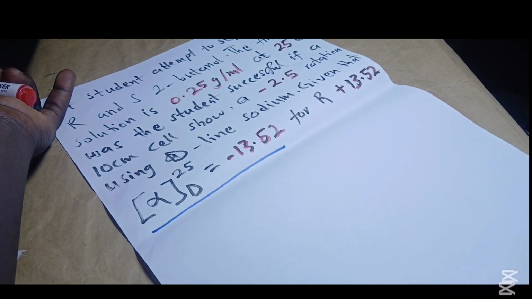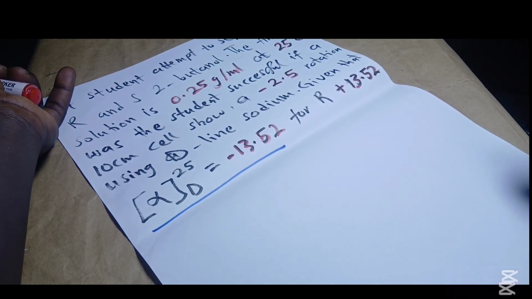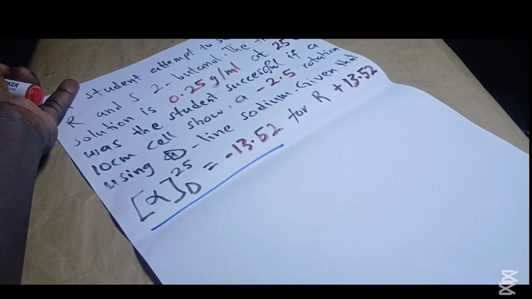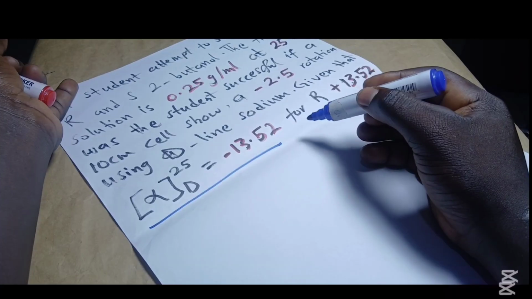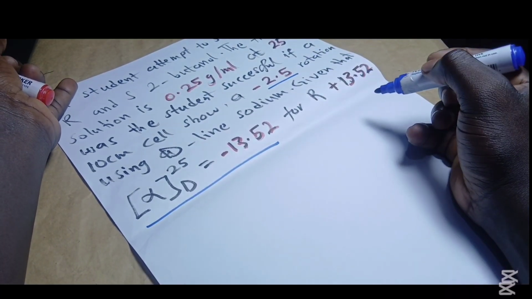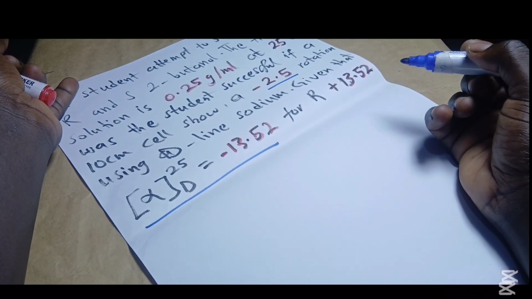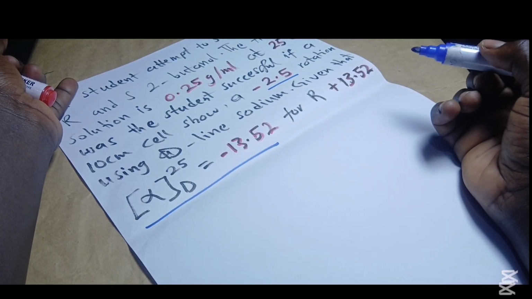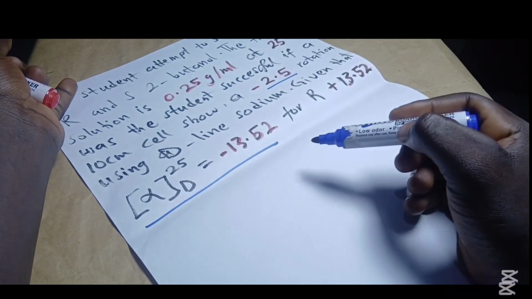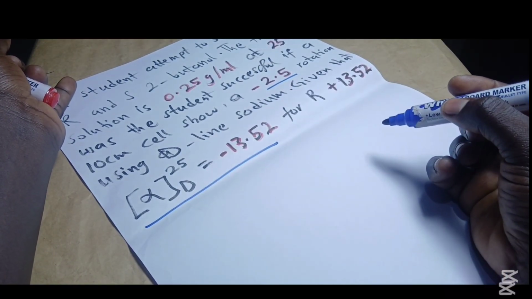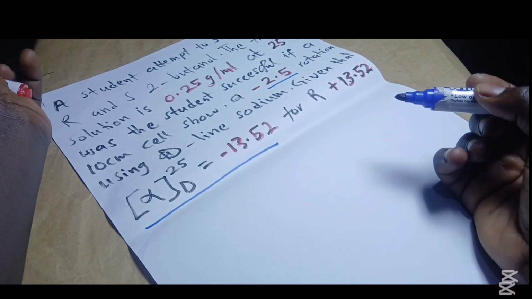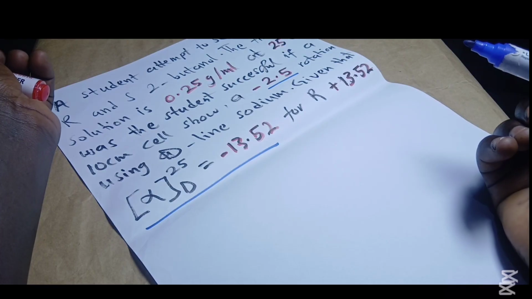And the student already performed the experiment and had his observed rotation to be minus 2.5. So we are going to calculate the observed rotation with the given specific rotation and the parameters. After that, we compare it to the observed rotation of the student to see whether he was able to separate the enantiomers.